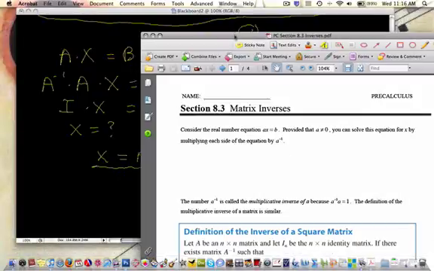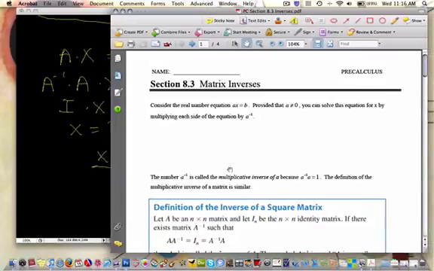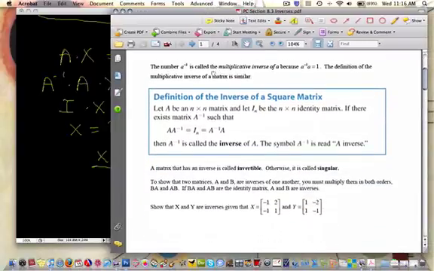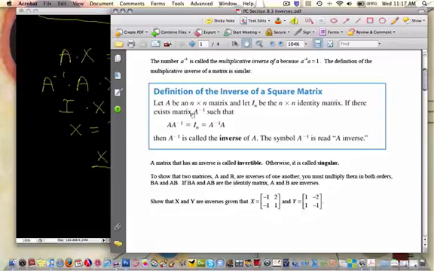And that's what your notes are describing here in this little box. If matrix A is an n by n matrix, and that implies that the matrix has to be square, the same number of rows as columns. So only square matrices will have inverses, and not even all square matrices will have inverses, as we'll see later.